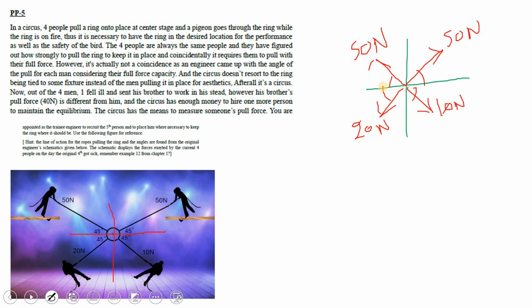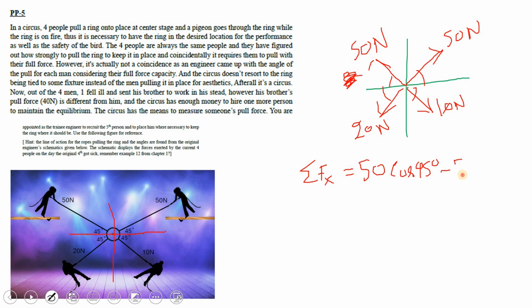Okay, so in order to do that, we're going to calculate the resultant. So first we have summation Fx, which is the summation of all forces in the x direction. So here we have 50 newtons, that is 50 cos 45. There you go, and then another 50 that's on the leftward side right over there, as you can see.